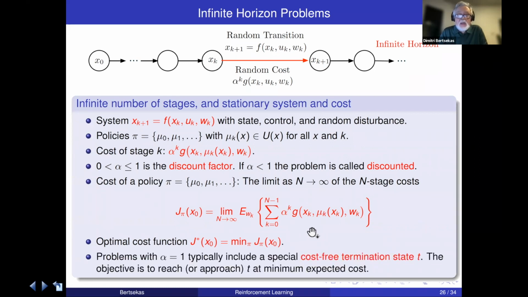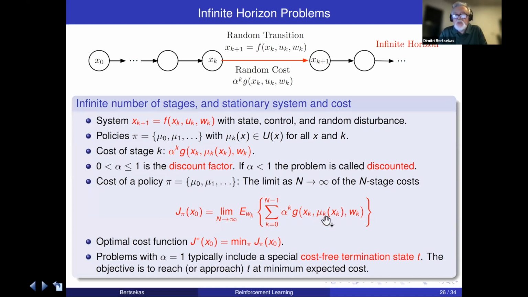And discounted problems tend to keep this cost finite because of what I mentioned earlier. This becomes the sum of a geometric progression. However, problems where alpha is equal to 1 are also interesting.